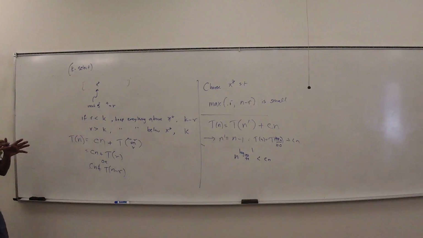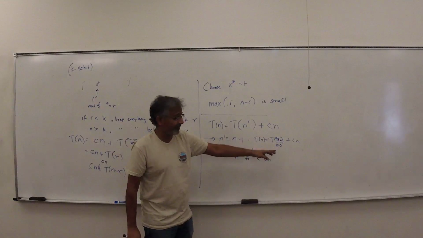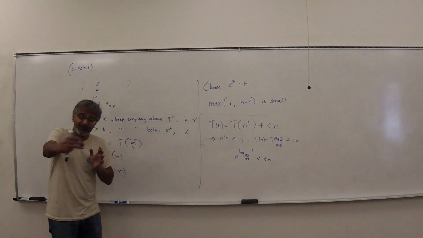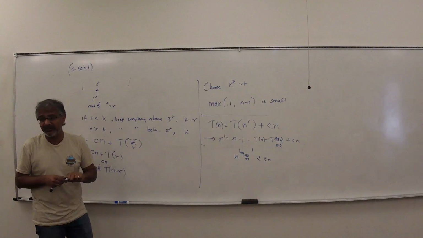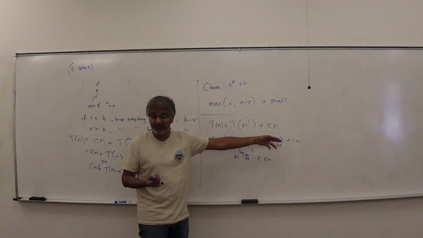So again, looking at the recurrence tells you, I don't need to do too much, but I do need to be able to throw away a constant fraction of the input at every step. It doesn't have to be a big constant. I could make this 9,999 over 10,000. I mean, the constants would change, but the asymptotic worst case behavior would not. So obviously I want to throw away as much as possible.